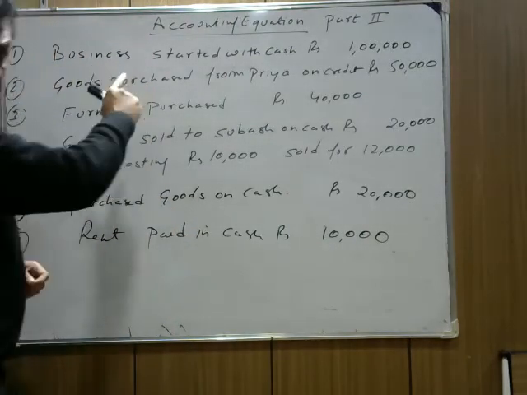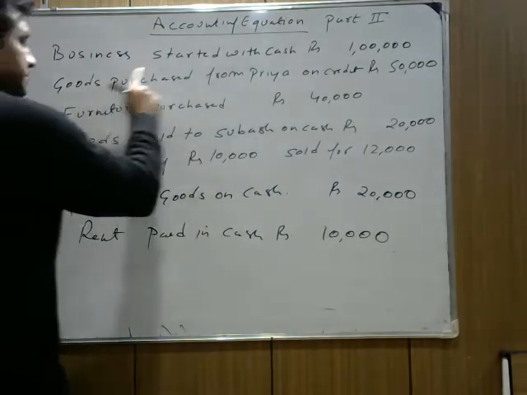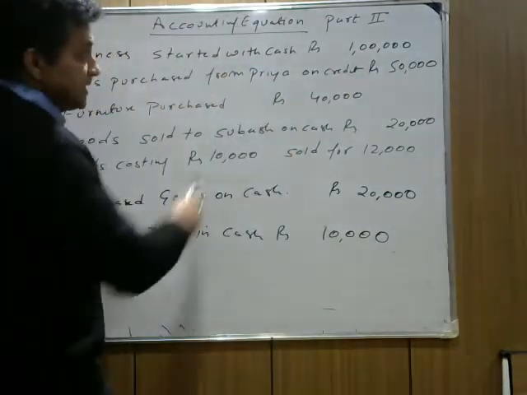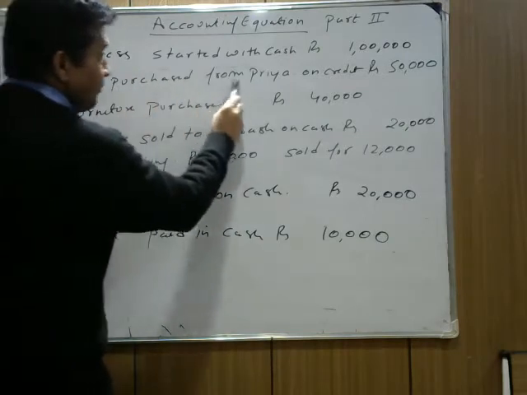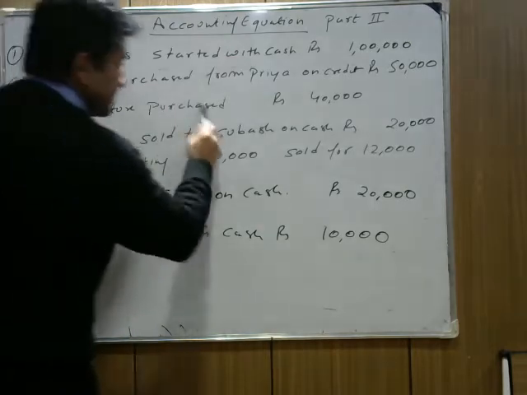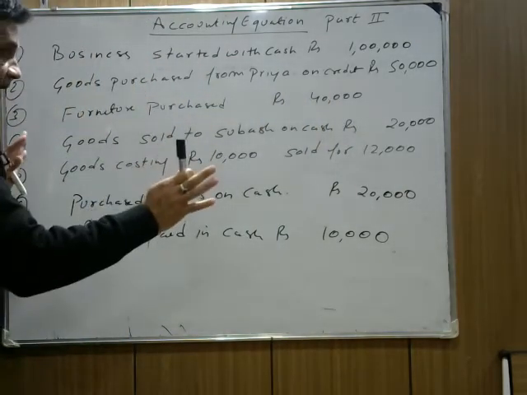First, business started with cash rupees 1 lakh. Goods purchased from Priya on credit rupees 50,000. Furniture purchased rupees 40,000, and nothing is mentioned here, so it is on cash only.